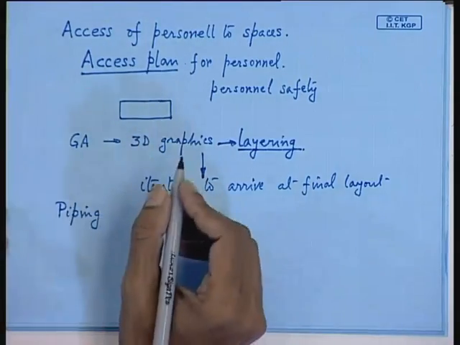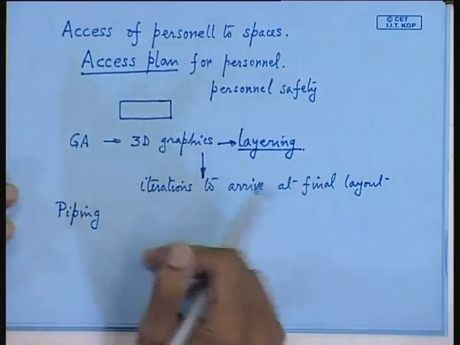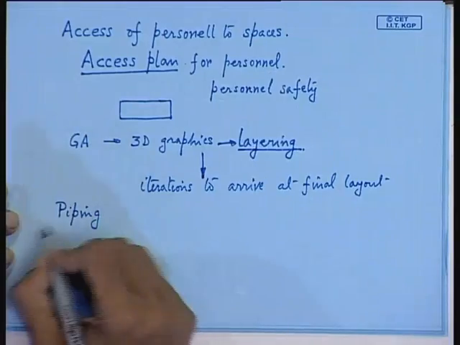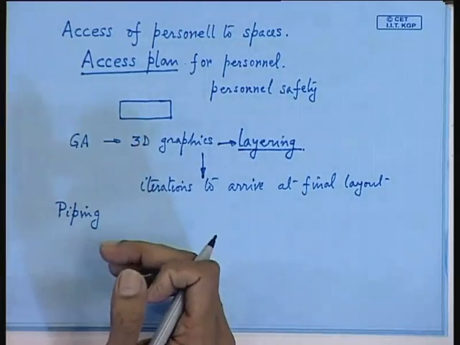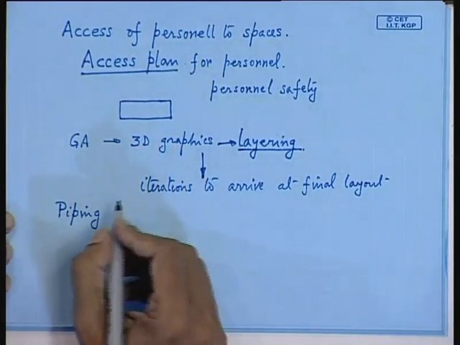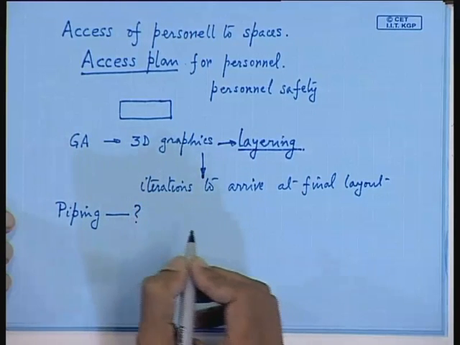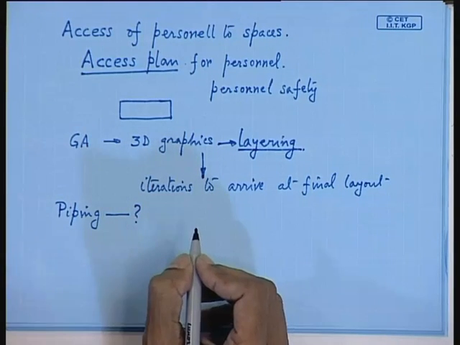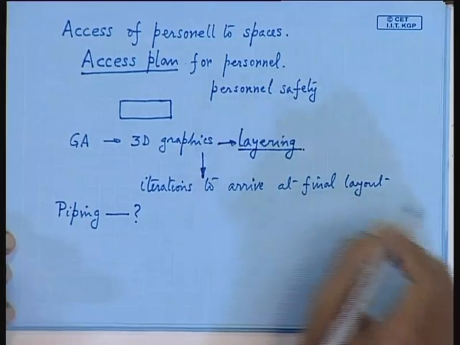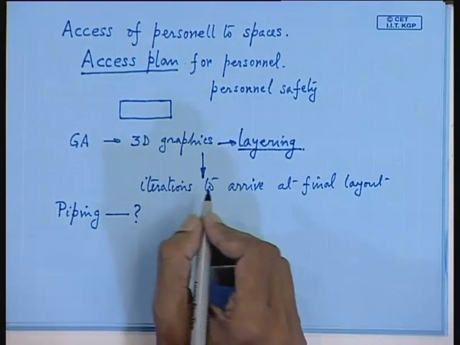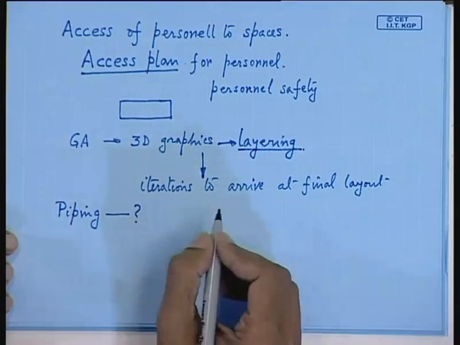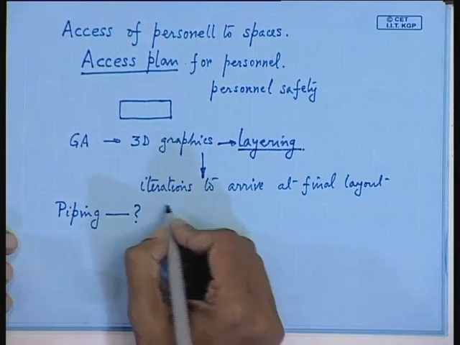Now, all this equipment, that is your wellhead, compressors, etc., and other machinery, always has associated piping. They are not independent or standalone machines. So, piping is very important. And how will you design this piping? In platforms, you have specialized piping engineers who do the piping layout.